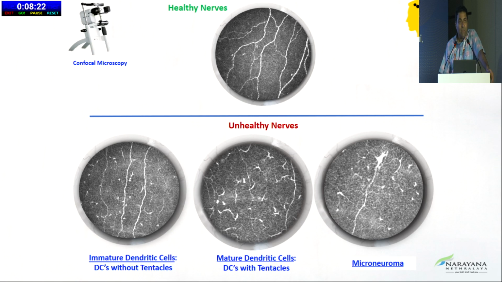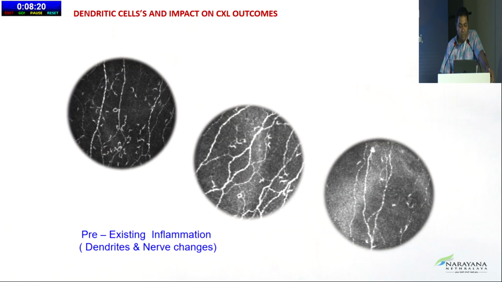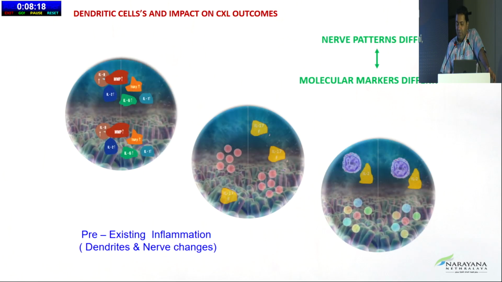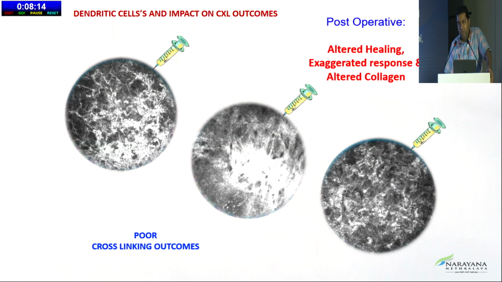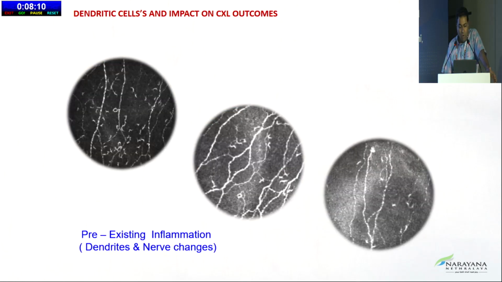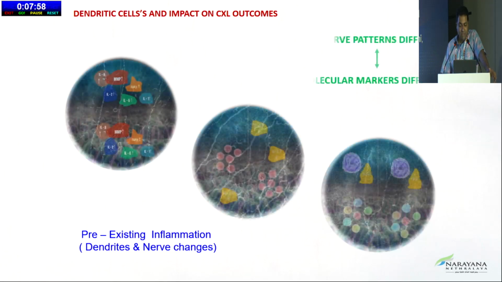Without understanding all this, let's assume that you treat these patients with, say, cross-linking. Your outcomes of cross-linking completely differ. The reason being, all these factors have a huge implication in wound healing, and each of these factors has an impact on how the corneal stroma heals to a particular insult.